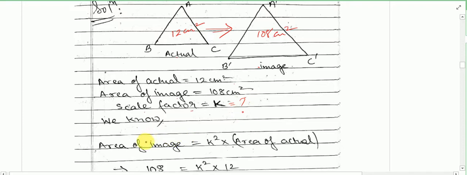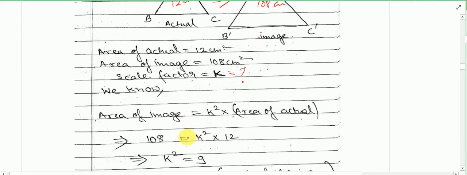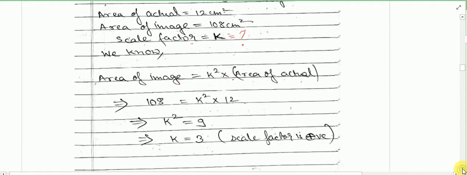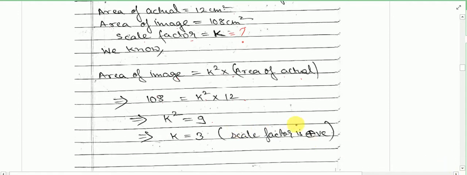But we know that area of image is equal to k square times area of the actual. So area of image 108 will substitute, and then k square into 12. Now we will simplify and we'll get k square equal to 9. So you have to take root and you will take the positive one, scale factor is always positive. So you get k equal to 3.